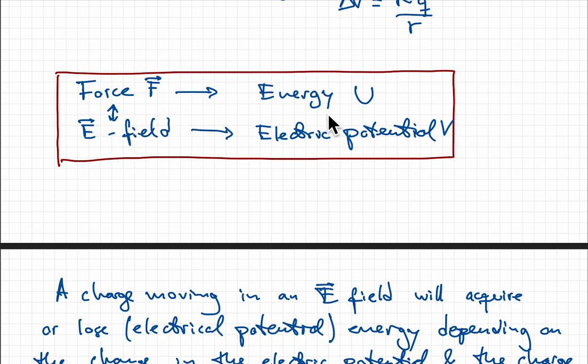From that electric potential, it's possible to obtain the electrical energy as well, just by multiplying by a charge. All these four quantities are going to play important roles in our discussion of electricity in this coming week. So keep those in mind: force, energy, electric field, and electric potential.